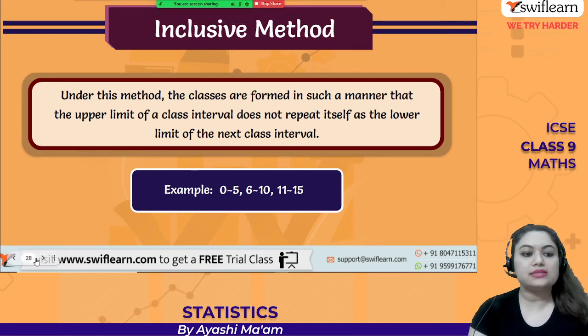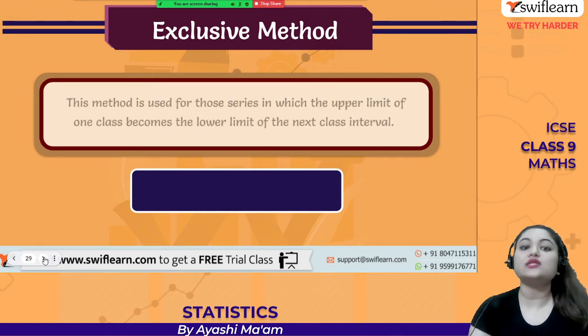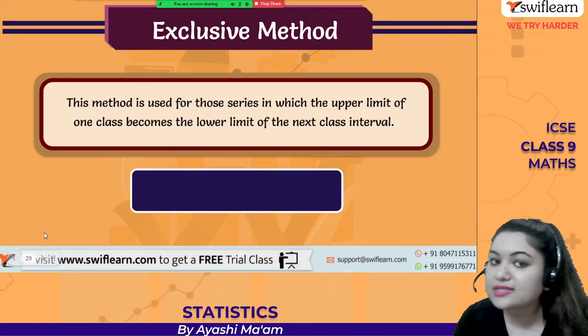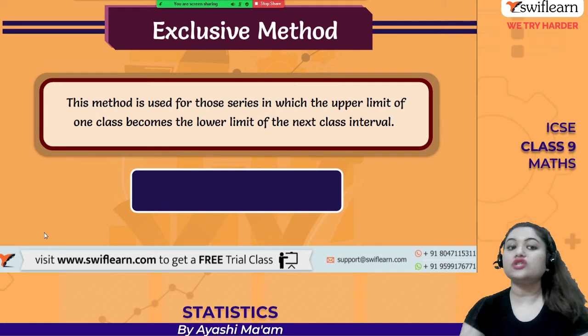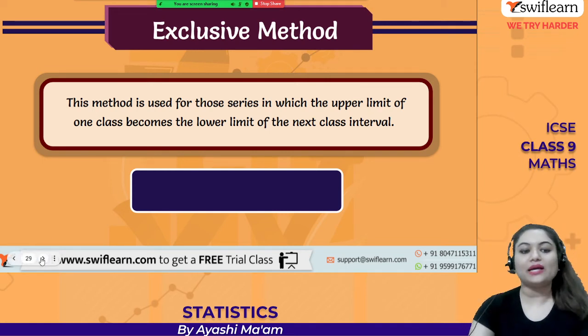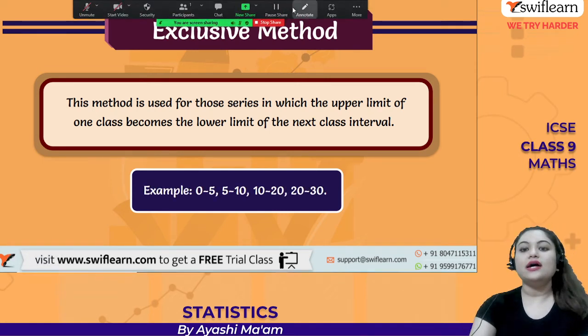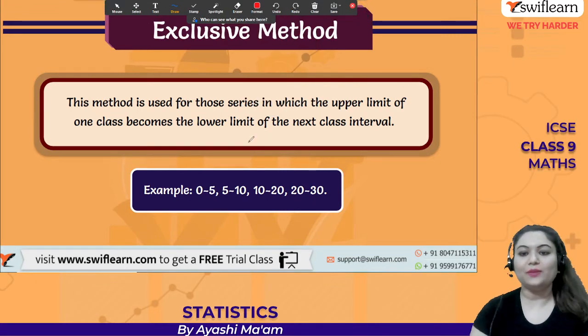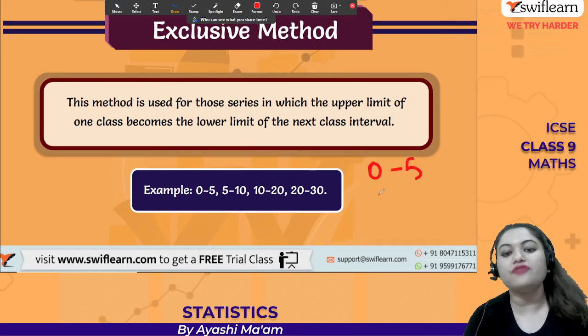Now, let's come to the exclusive method. This method is used for those series in which the upper limit of one class becomes the lower limit of the next class interval. That means it's like this: 0 to 5, 5 to 10, 10 to 20.